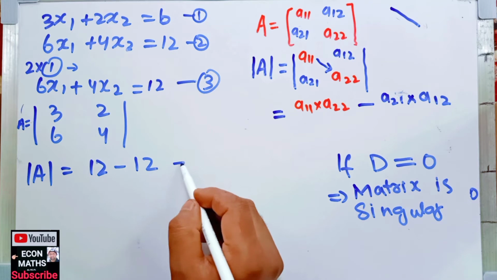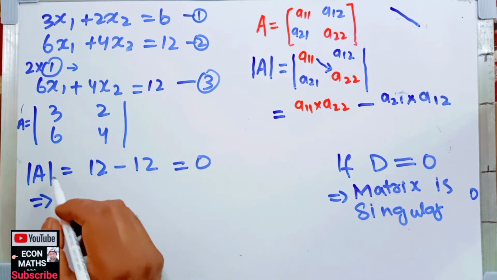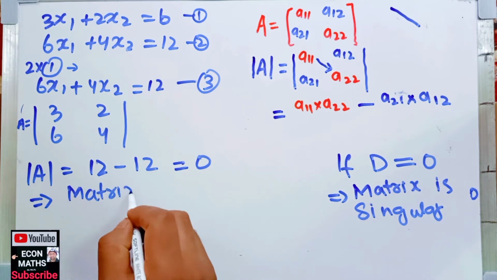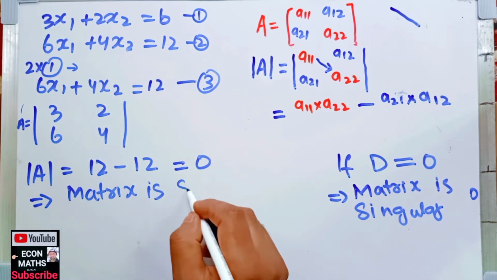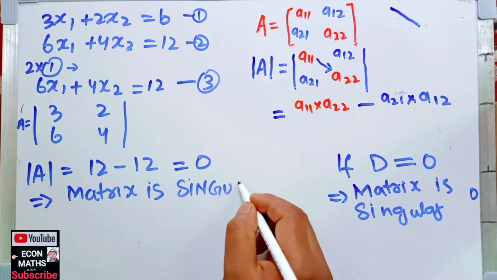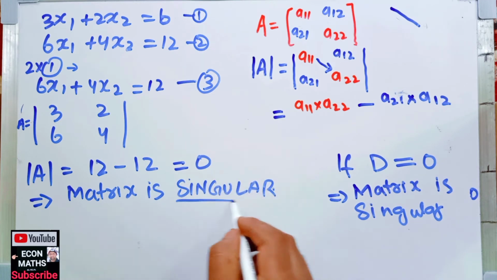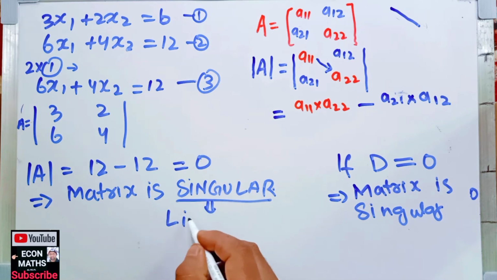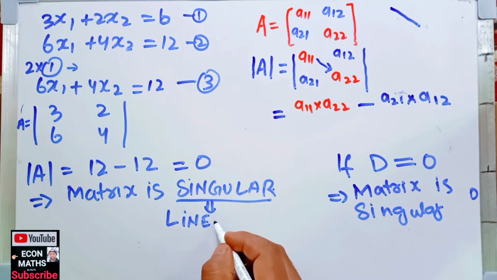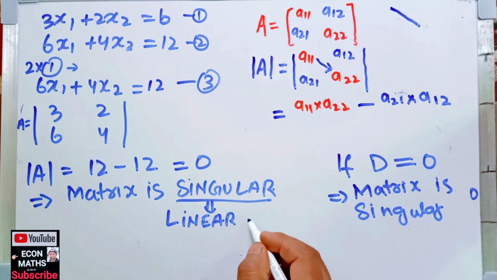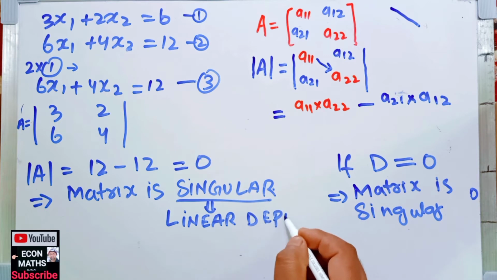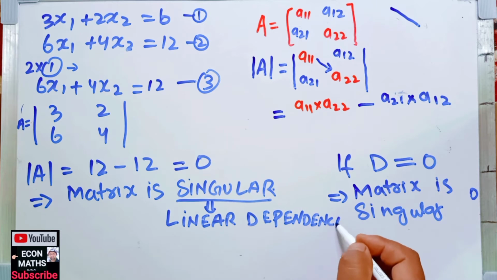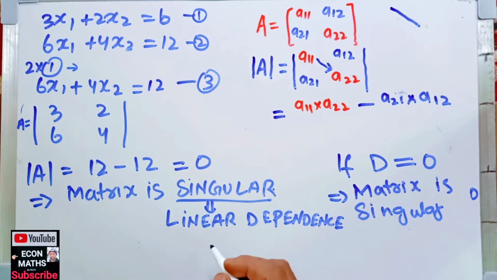Now here we can see the determinant is 0, implies this matrix is singular. If the matrix is singular, means there is linear dependence. Now there is linear dependence.